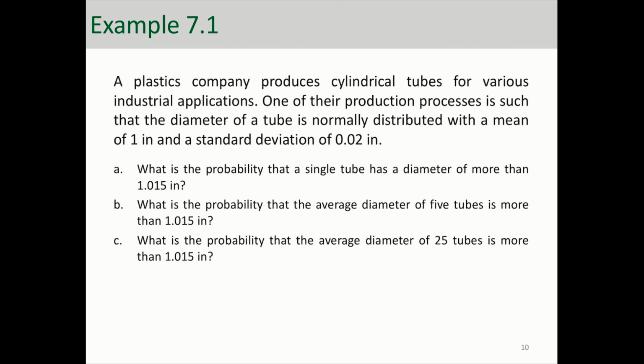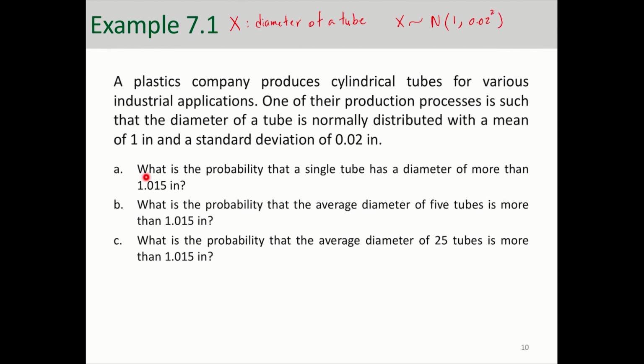So to summarize what the problem is giving us here, x, let's call this random variable, is the diameter of a tube, and x follows a normal distribution with a mean of 1 and standard deviation of 0.02, so variance is 0.02 squared.